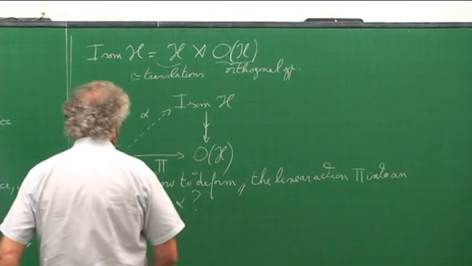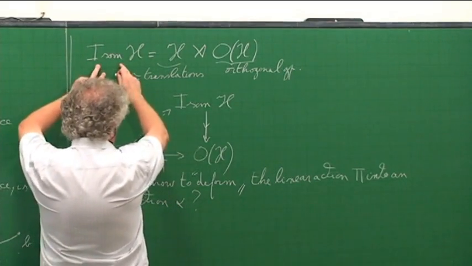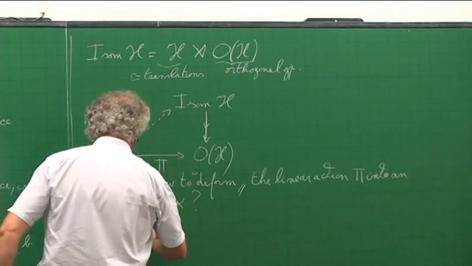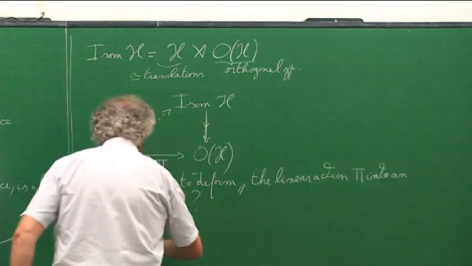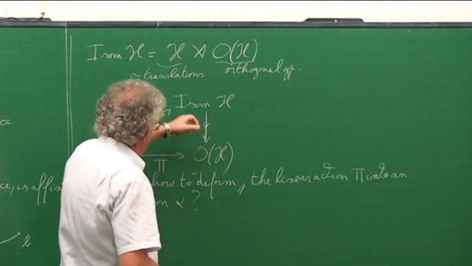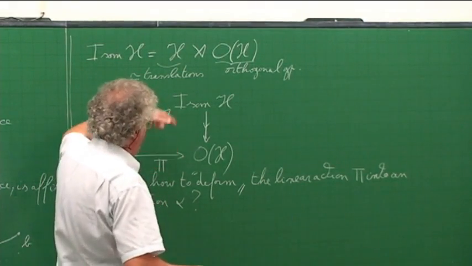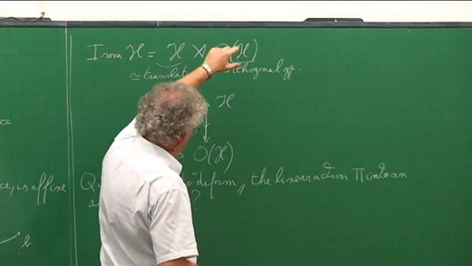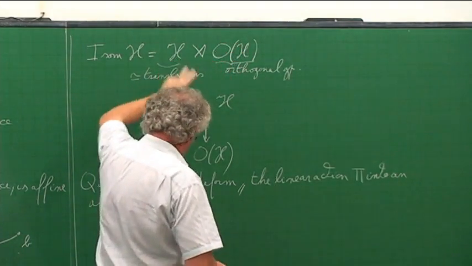So, if I remember this semi-direct decomposition, first, my affine isometries will be expressed as composites of orthogonal transformations with translations.